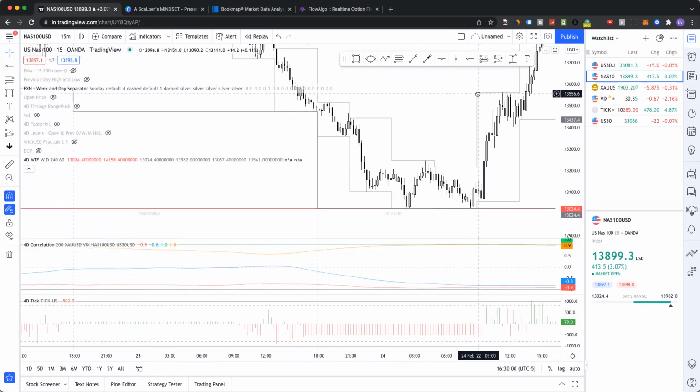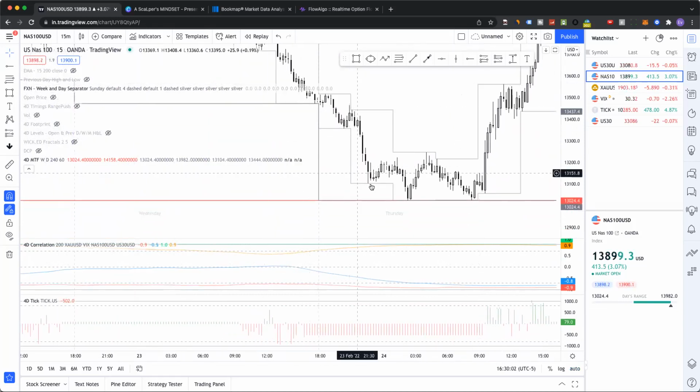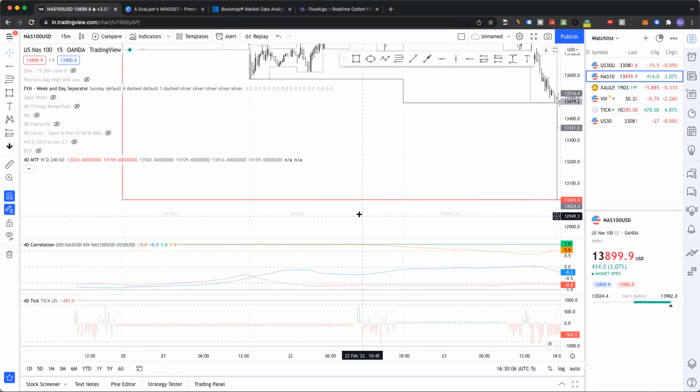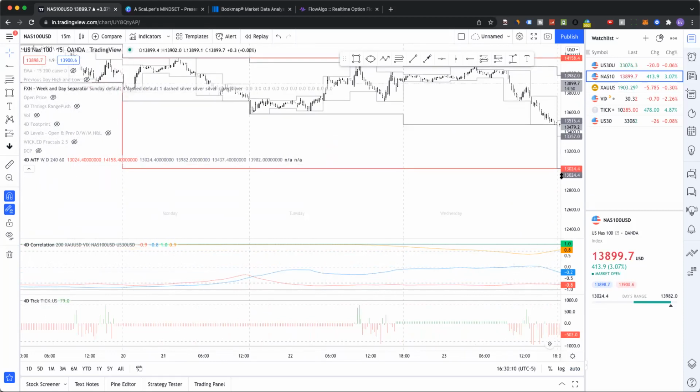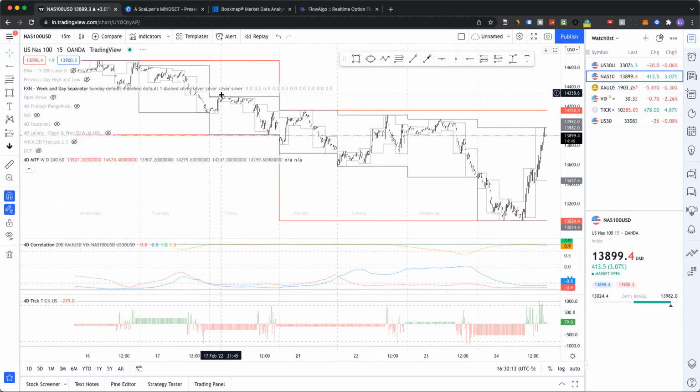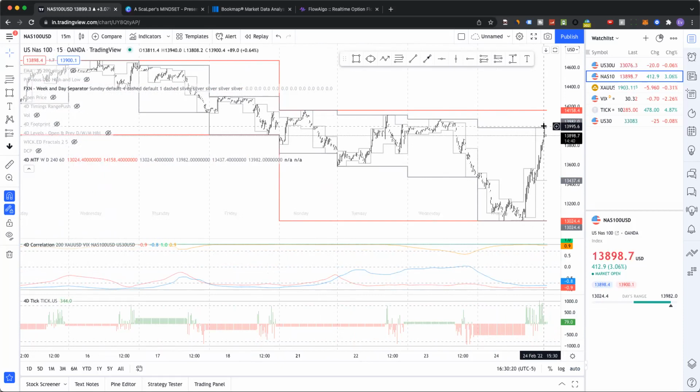I like the FXCN week and day separator because it tells me, okay, this is Thursday, Wednesday, without me having to manually look back and understand which day it is, Tuesday, Monday. So if you look, we have a Monday high of the week, trading into Thursday's low, midweek reversal. Okay, so it just makes it easier to see.